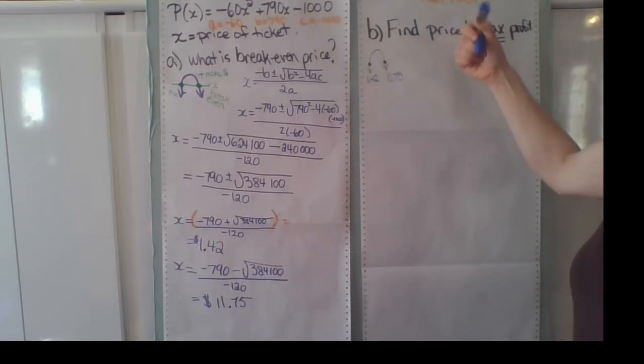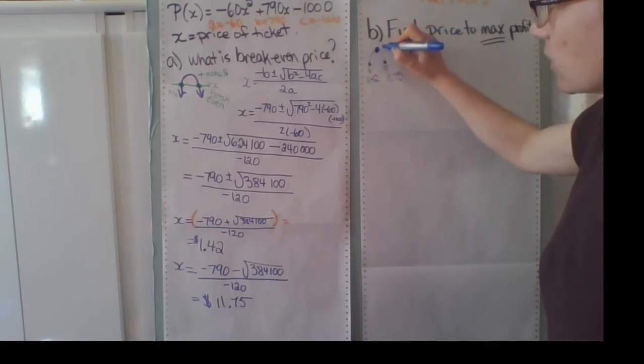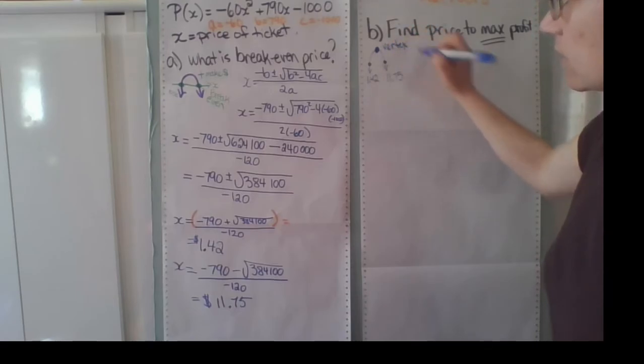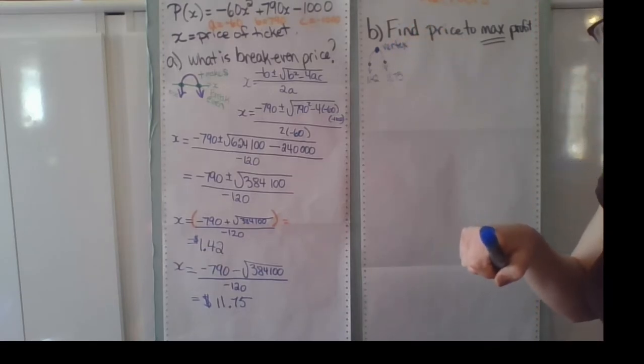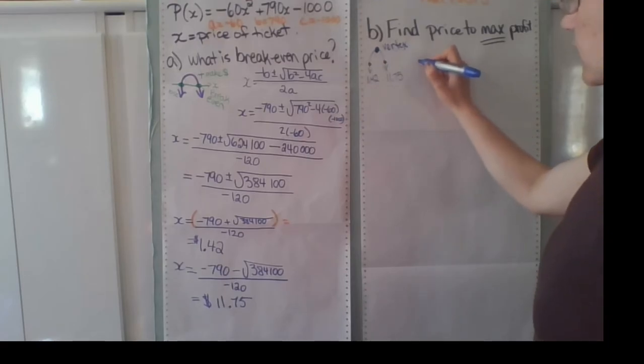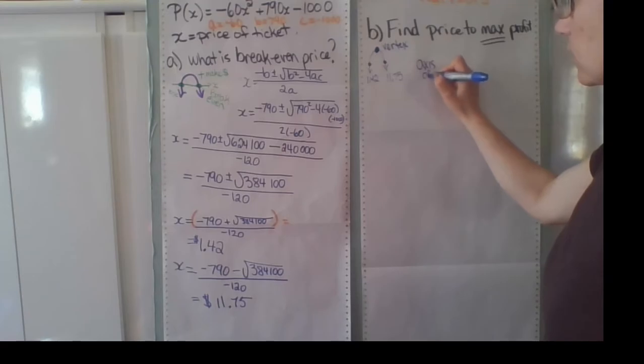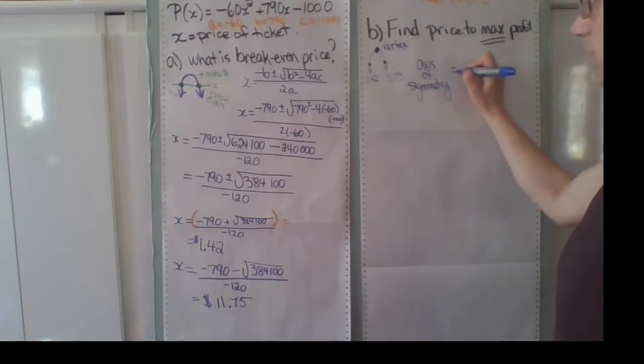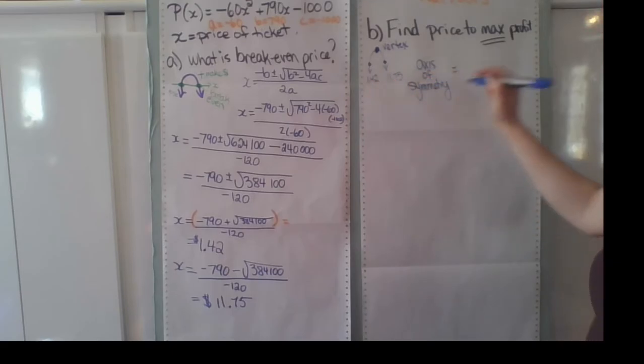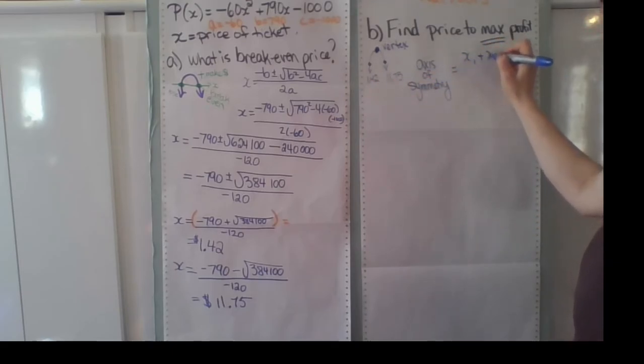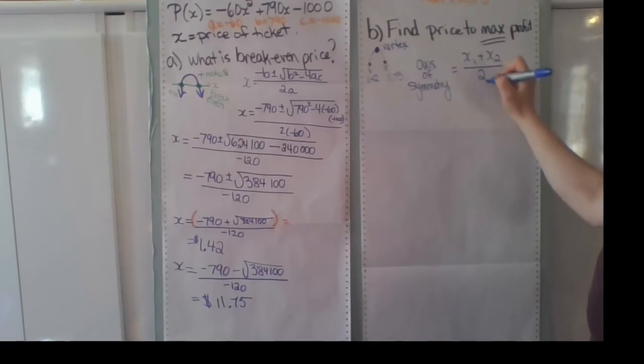What we want for the maximum profit is our vertex. We had a few steps to find our vertex. We need to find our axis of symmetry, which means we add up our two x-intercepts and then divide that answer by 2.